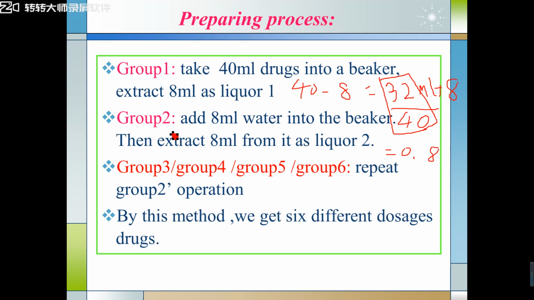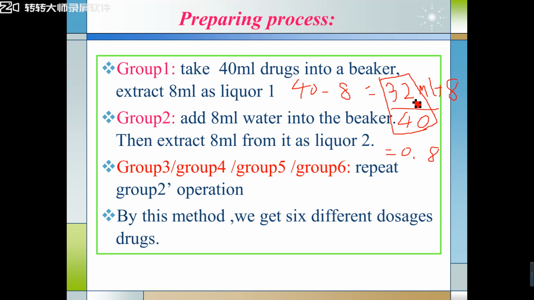And then the students in the second group extract 8 milliliter of drugs from the big beaker as the second liquid. That also means the drugs turn from 40 into 32.